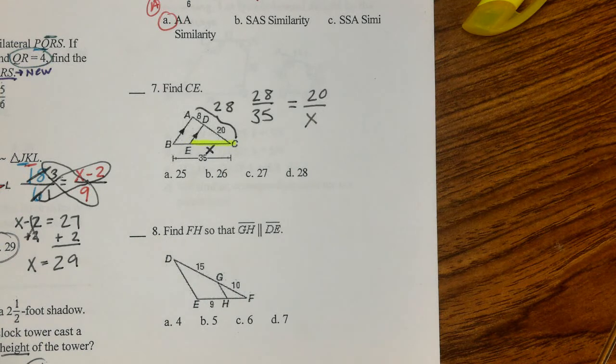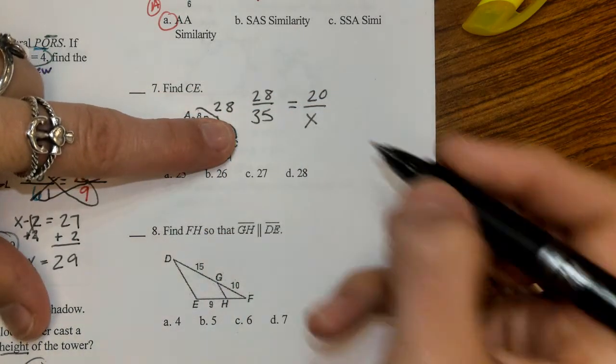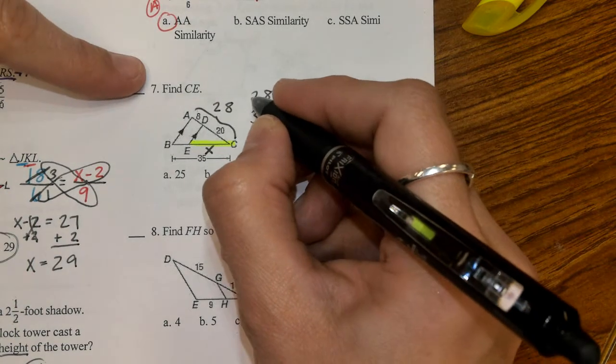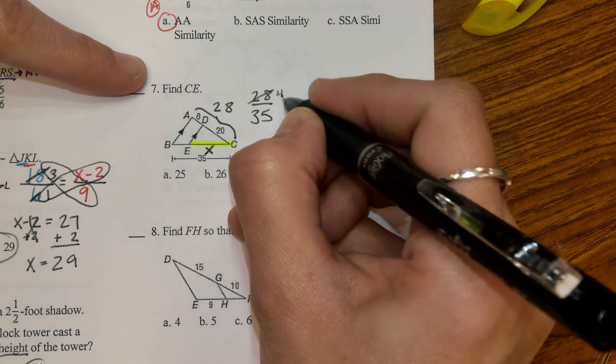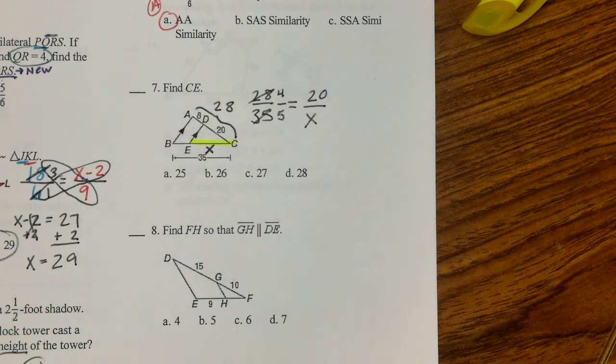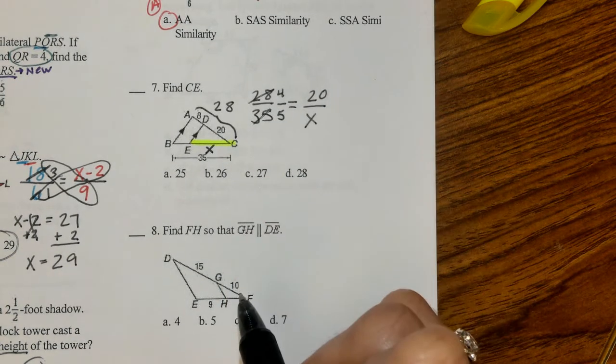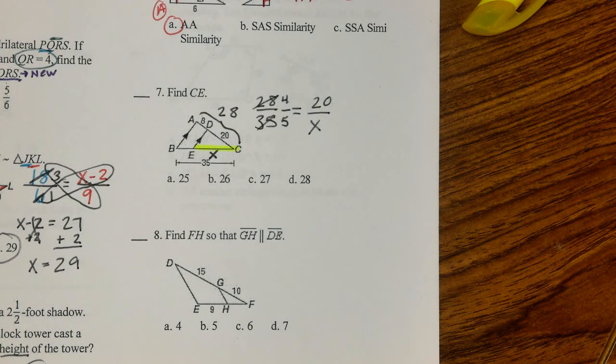I see simplifying here, okay? I can simplify the 28 over the 35. 7 goes into both of these. 7 goes into 28 4 times. 7 goes into 35 5 times. But I also see something else to make this even smaller. I see that 4 and 20 can be simplified, so I can make even smaller numbers.